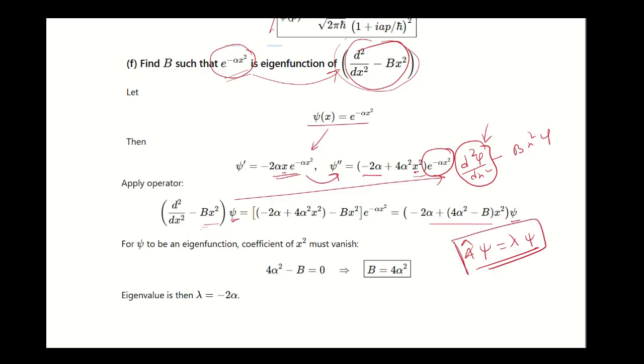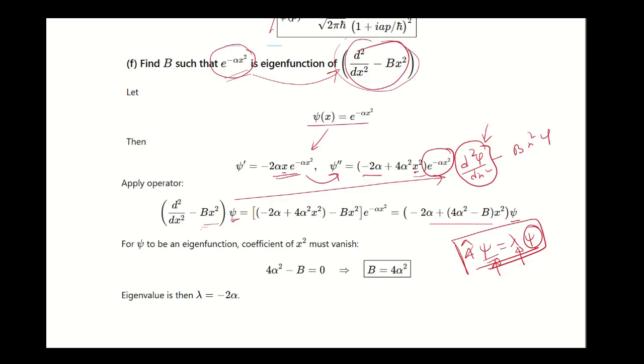And if we get psi again after operating A on psi, then psi is called the eigenfunction, lambda is called the eigenvalue, and this equation is called the eigenvalue equation.